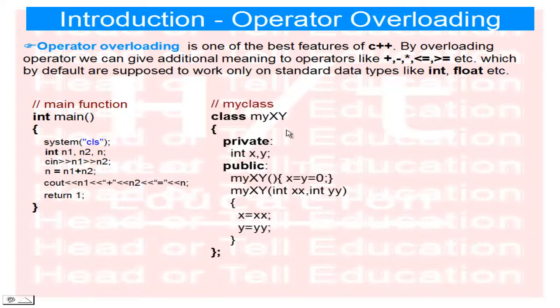Here I have created private integer variables x and y, a zero argument constructor, and a two argument constructor. This is our class, which means this is our data type. We can assume int is also like a class.